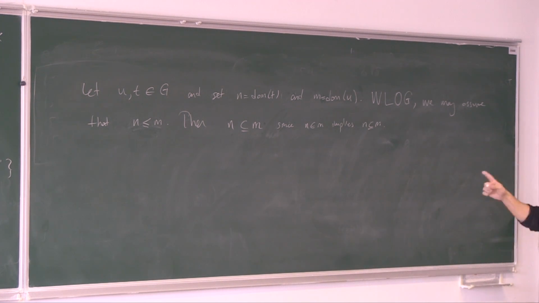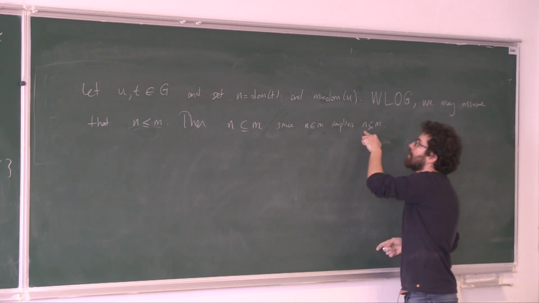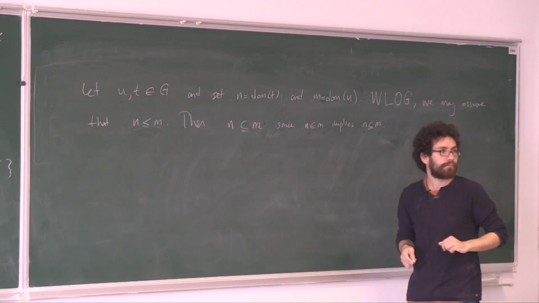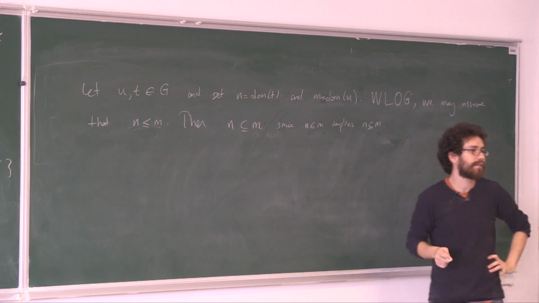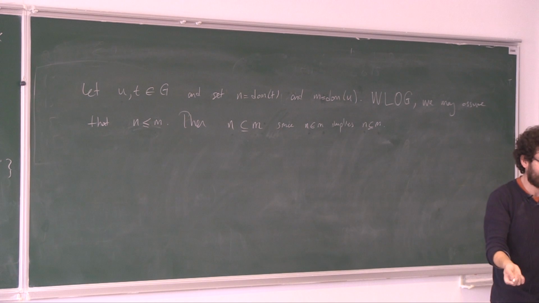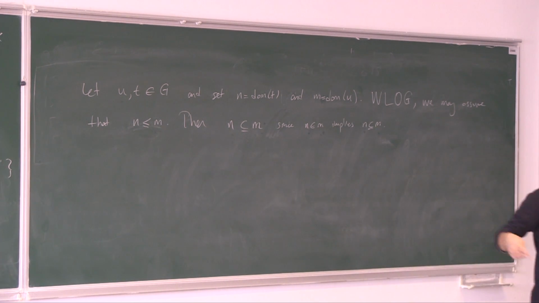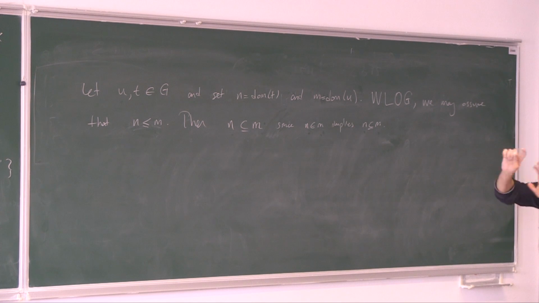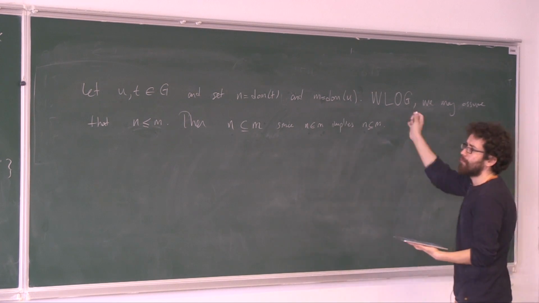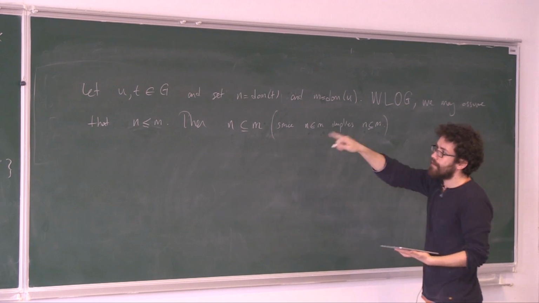Again, this needs to be proven: if N is in M, then N is a subset of M for natural numbers. How do you prove this? By induction. I don't want to do an induction within this proof, and I don't want a messy board, so prove this on your own time by induction.